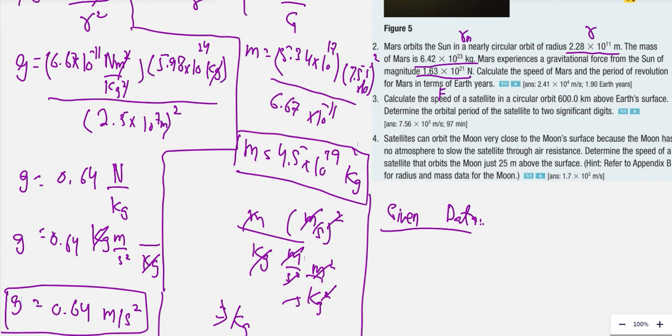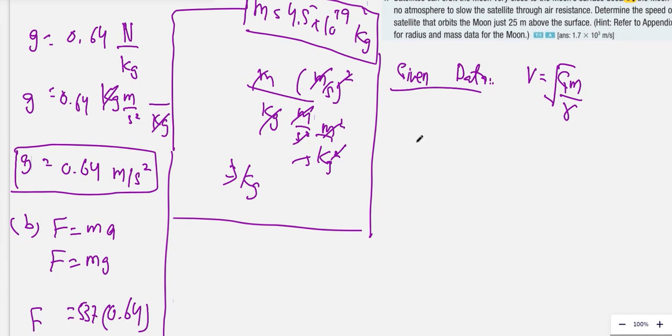The first formula which we are going to use is the same one: V is equal to under root G M over R, and then T is equal to 2 pi R over V. Actually V is equal to 2 pi R over T, but we rearrange it for the time period, and that's it. We just have to sub the values and get our answer.